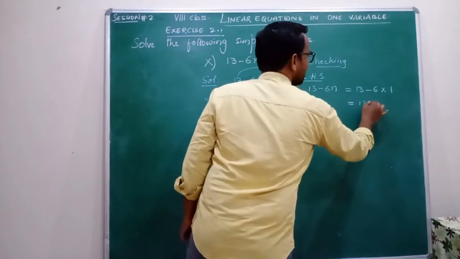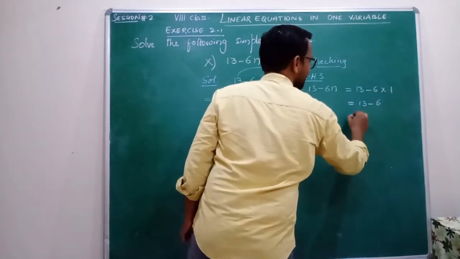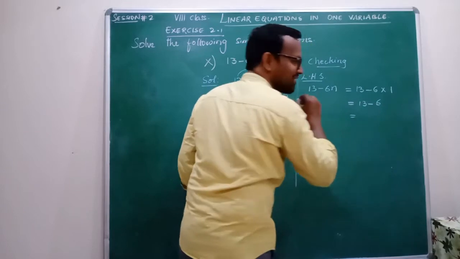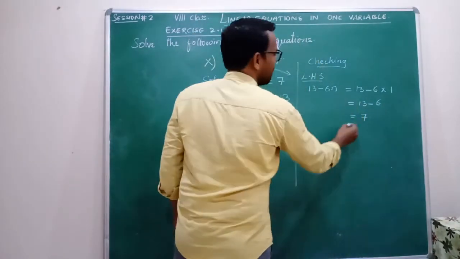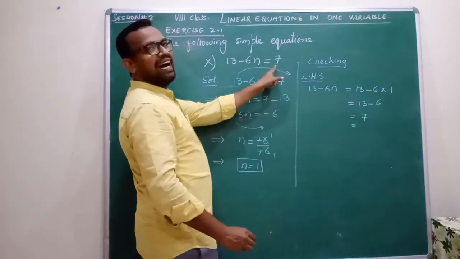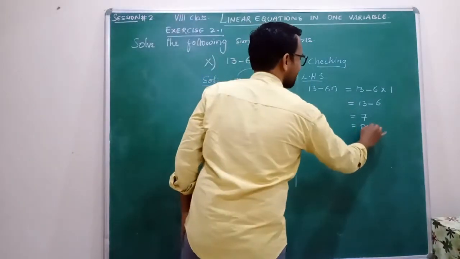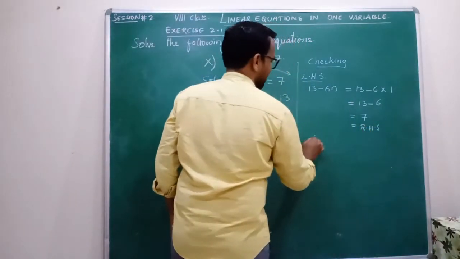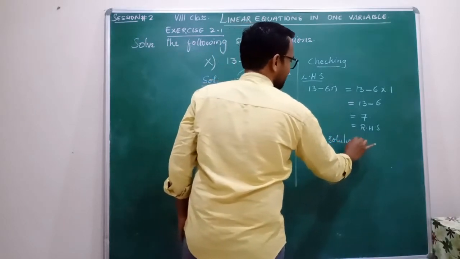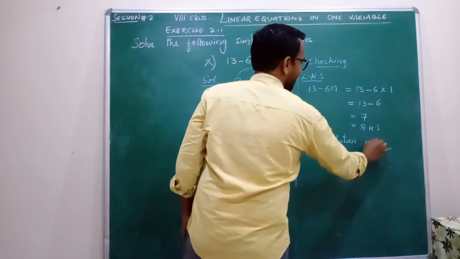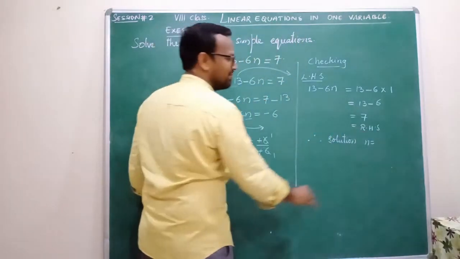Now 13 minus 6 ones are 6. 13 minus 6 is how much? Yes, it is 7. So what is 7? 7 is the RHS. Therefore, the solution for this equation, n is equal to, what is the value? 1.